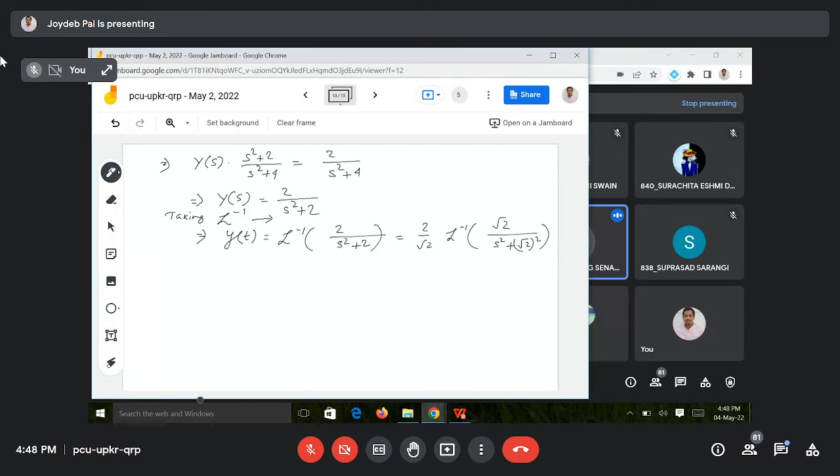Yes, sir. So 2 by root 2 means it is root 2, and the Laplace inverse of that is sine root 2t. So the solution of this integral equation is y t equal to root 2 sine root 2t. Fine.